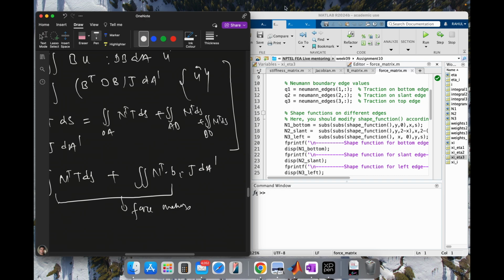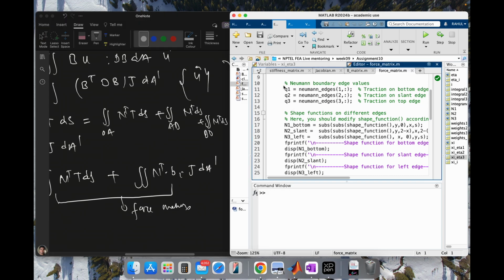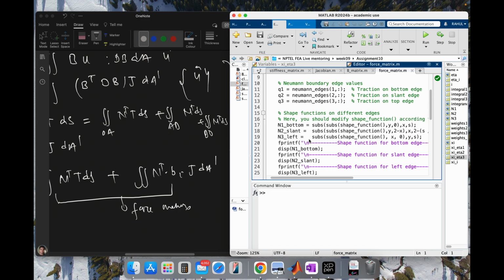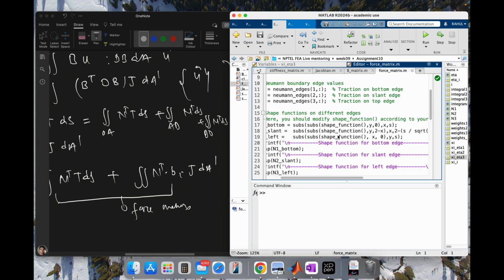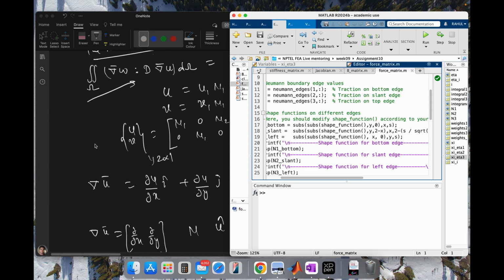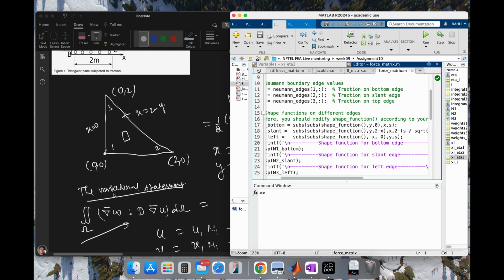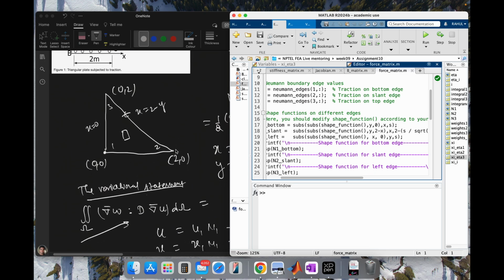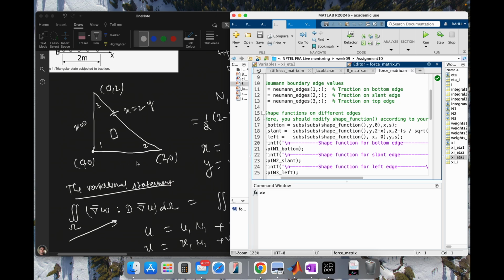So in this way, everywhere I have to first find the shape function. Then I will import the shape function, and we can see that for edge OA, y will be 0, then it will be integrated along the x direction.